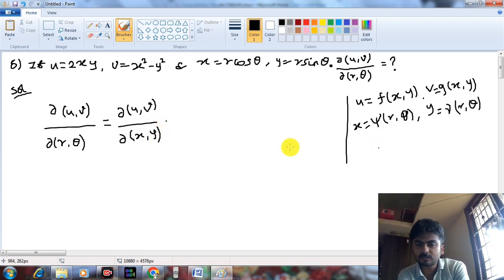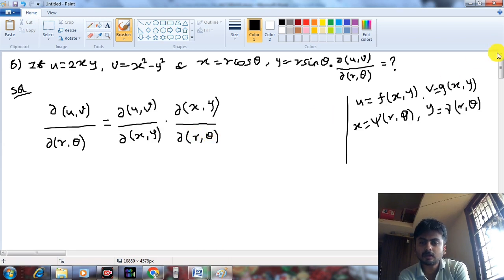And x and y are functions of r and theta, so x and y can be differentiated with respect to r and theta: dou of (x, y) divided by dou of (r, theta).